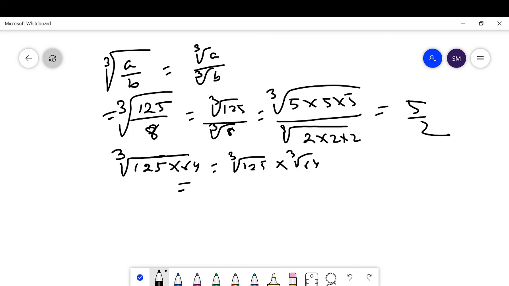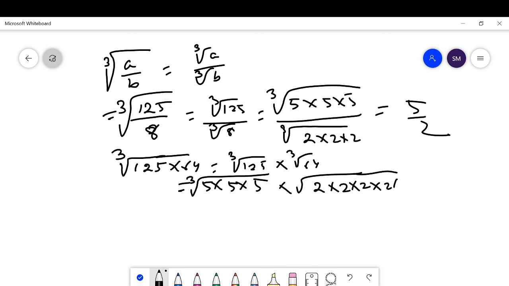Then 125 can be written by the prime factorization method as 5 into 5 into 5. Then 64 can be written as 2 into 2 into 2 into 2 into 2 into 2. 2 twos are 4, 4 twos are 8, 8 twos are 16, 16 twos are 32, 32 twos are 64.